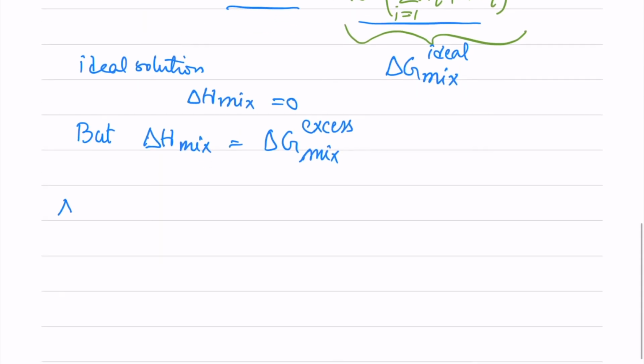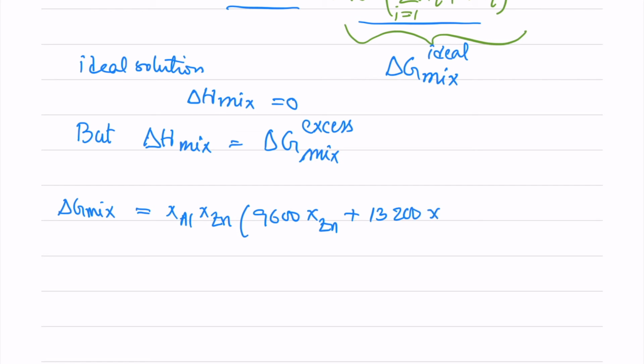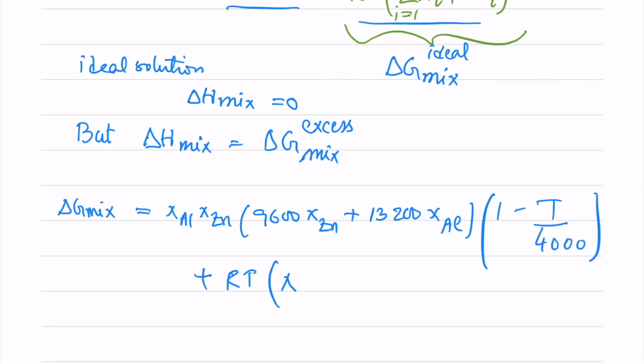So if we write that down, we have delta G mix equals X aluminium X zinc into 9600 into X zinc plus RT summation of xi ln xi.